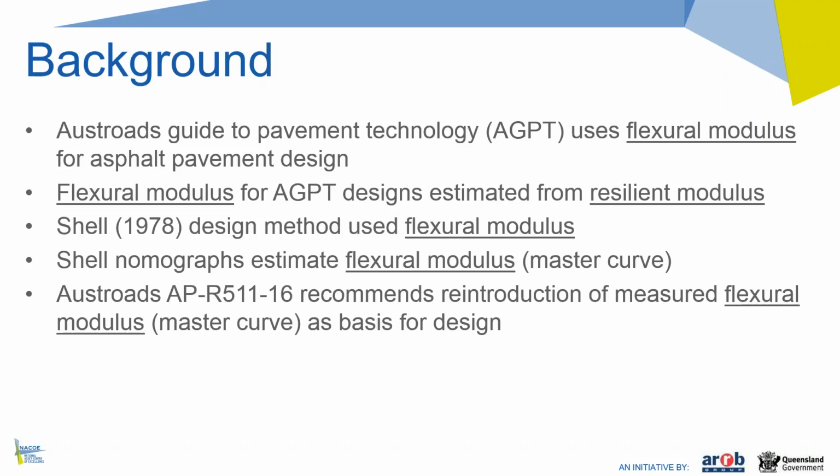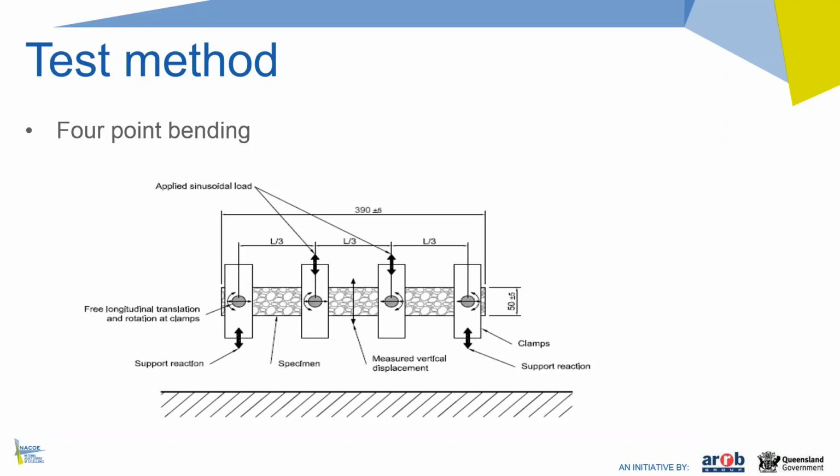So for all these reasons, a recently completed Austroads study, and the AP-R511-16, that's the final Austroads report to come out of that, actually recommended the reintroduction of the measured flexural modulus and the master curve as the basis for design. So that's basically what this work brings into the TMR tech note.